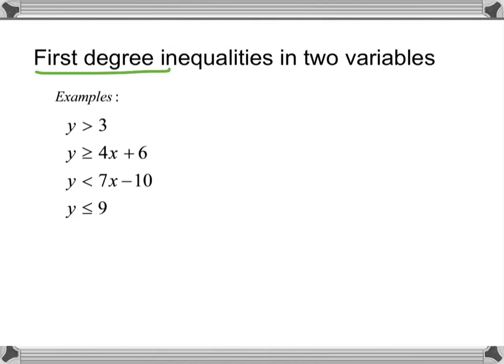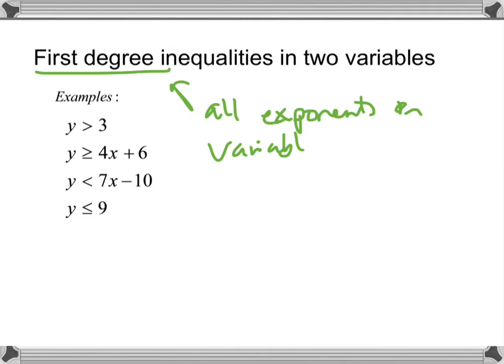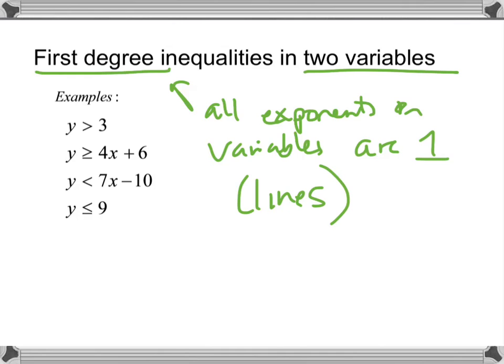First degree because all exponents on variables are 1, so they make lines. And two variables because it's two-dimensional. Sometimes even if we have one variable, we're still going to graph that on an xy, two-dimensional system.